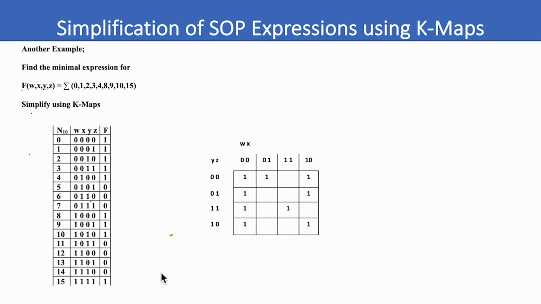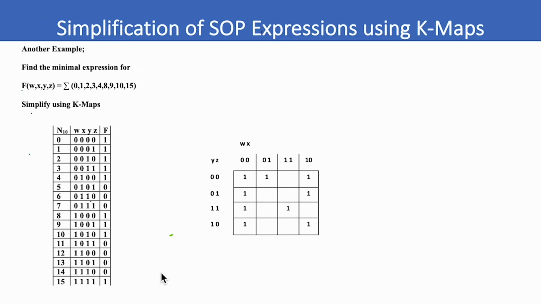Okay, so let's do another function. Let's do another simplification. In this simplification, we're going to try to cover these particular ones, first of all, looking to cover it with the maximum cover, which in this case would be a 4 cover.